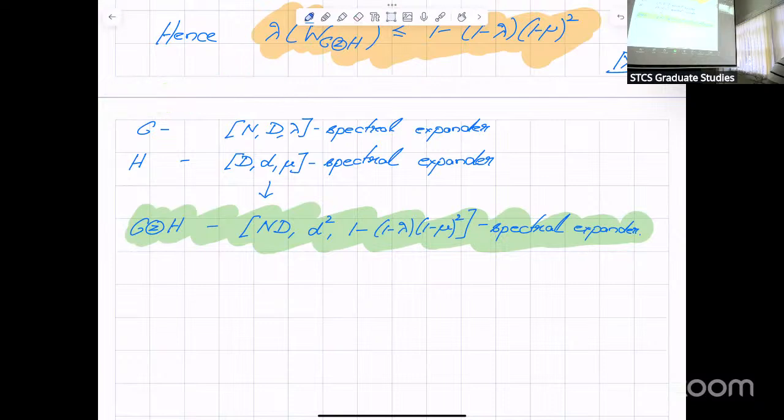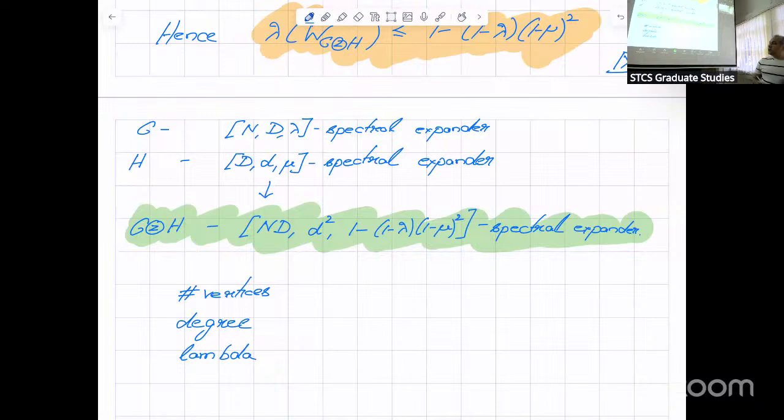The gap of G. So let's go back to the old things we wanted to ask. How does the number of vertices behave? How does the degree behave? And how does lambda behave? The degree is what actually improves dramatically. The degree was capital D, it's reduced to small d squared.